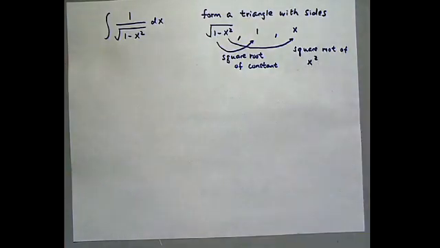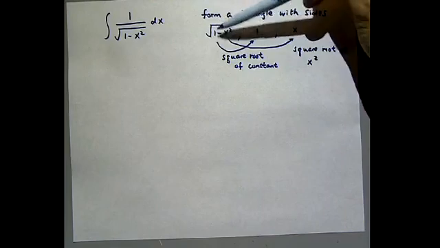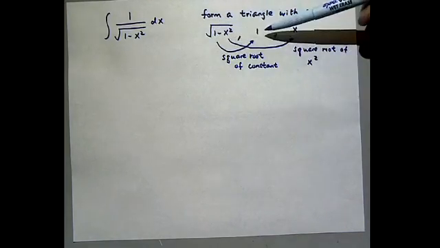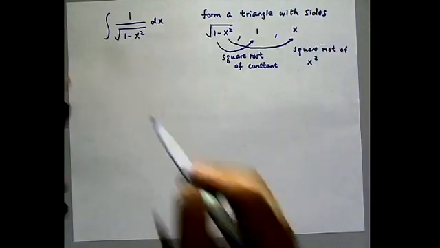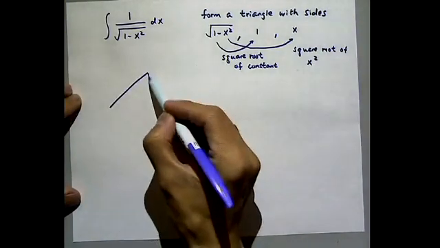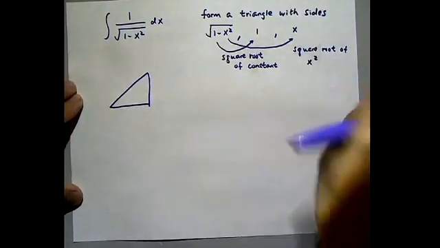Okay, so you grab this radical thing in the denominator that becomes one side, and then the other sides come from these two parts. Whatever this number is under square root, whatever this is under square root. Then you form a right triangle with those three sides.